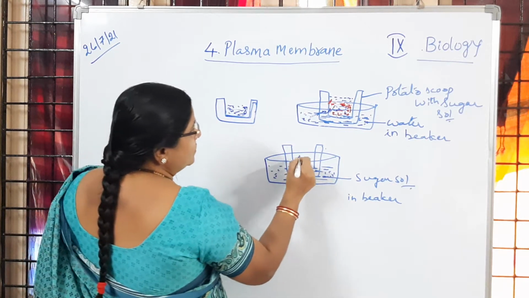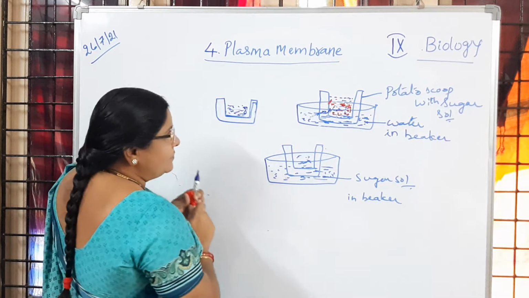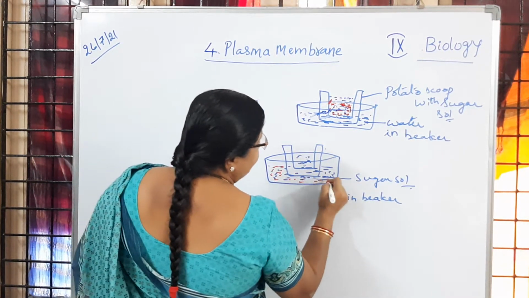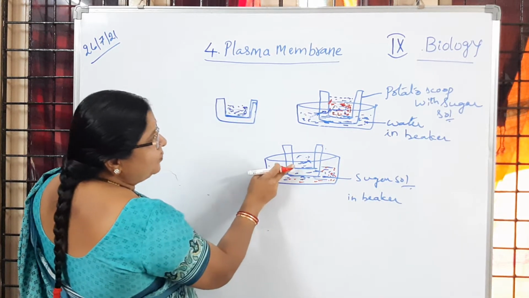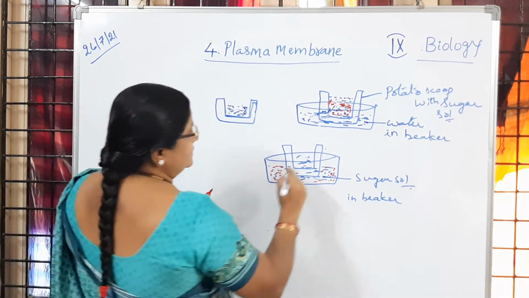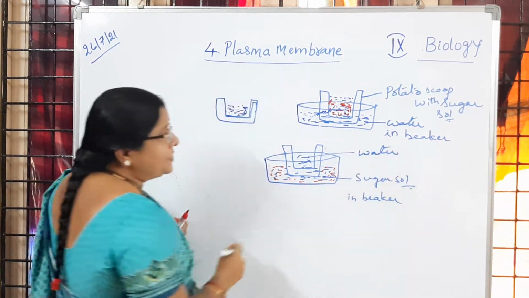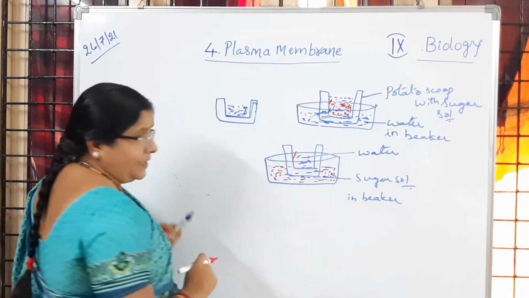Now we are noting down the level of water. What we have taken here in the plate is sugar solution, and in the potato scoop we have taken water. And now we are going to mark the level of water here also with the pen.